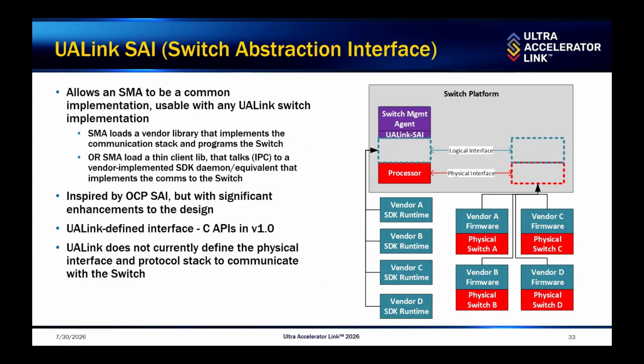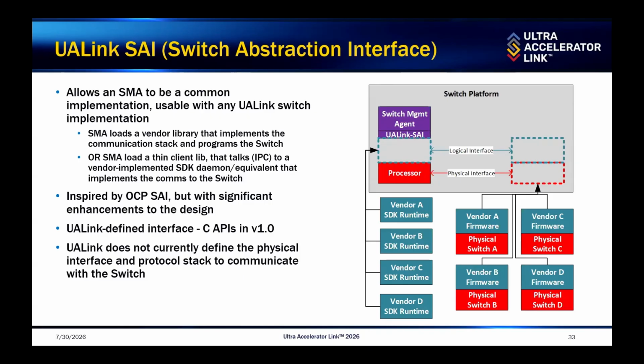And Arun hinted at this earlier, but we have defined a switch abstraction interface, again inspired by the OCP SAI, that allows for interoperability of switch vendors. The switch abstraction interface is a set of C APIs that must be met by software running on the switch control processor.